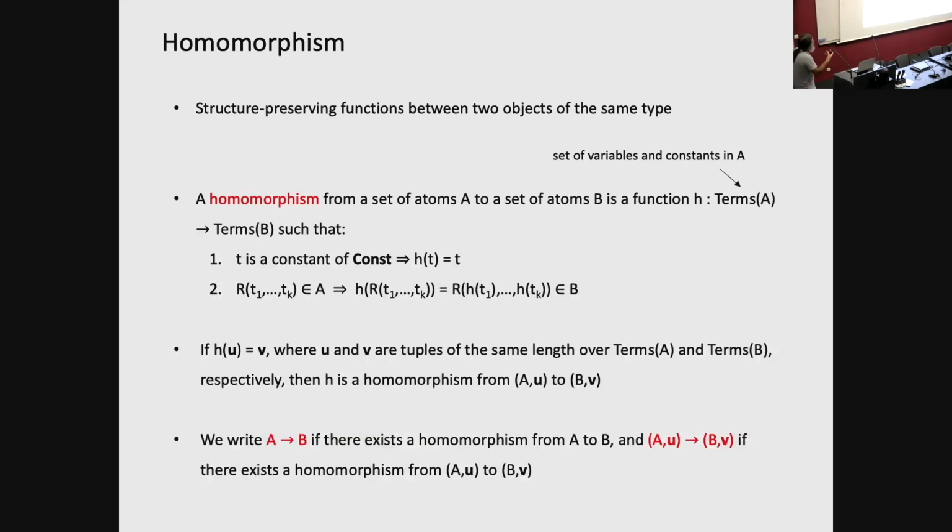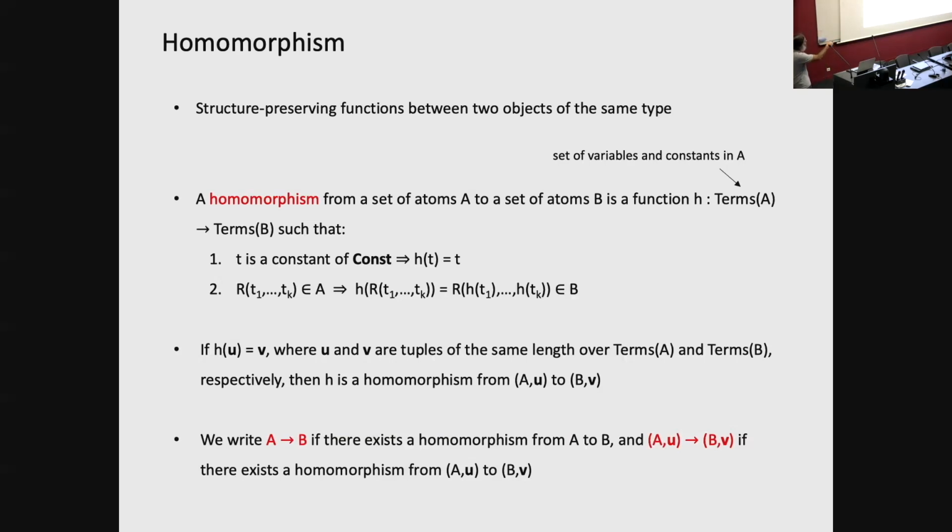So a homomorphism essentially is a structure preserving function between two objects. So I want to map a certain object into some other object by preserving the structure. And by object, I mean this can be a set of atoms, can be even more complex objects. For us, we will be interested in homomorphisms between atoms. Now, what is this?